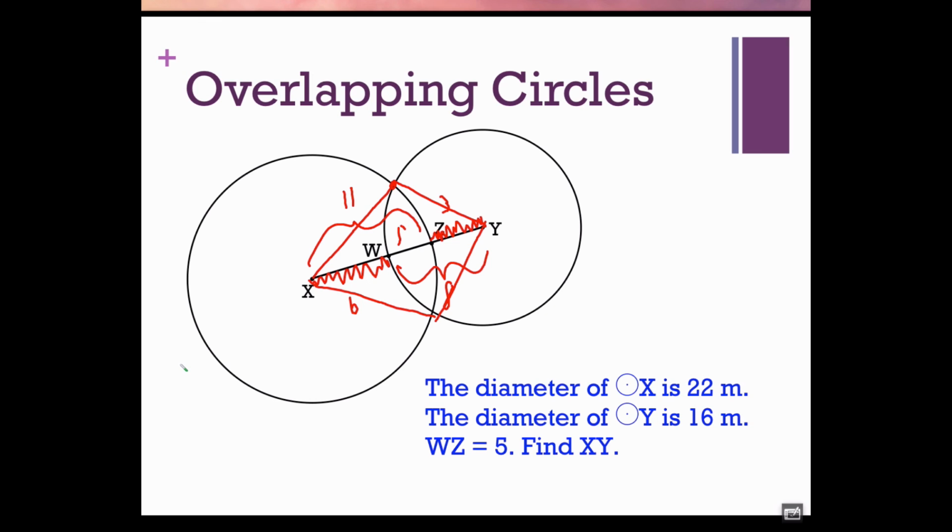A little bit of quadrilateral review here. What makes a kite a kite? Two pairs of congruent sides, non-opposite sides. That makes it a kite.